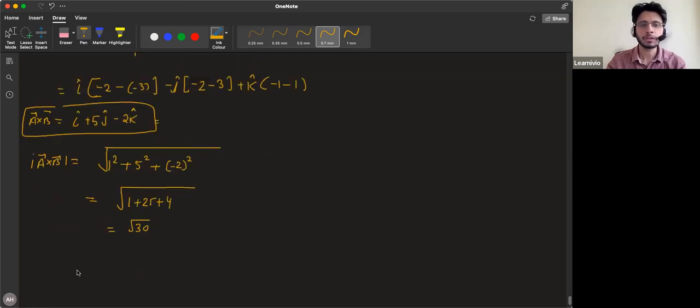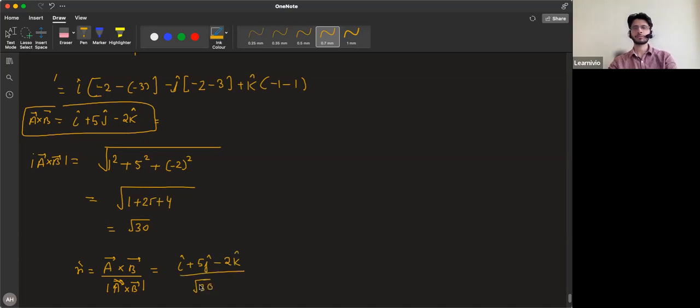So the unit vector, which is perpendicular to both A and B, is A cross B divided by the magnitude of A cross B, that is, A cross B by mod of A cross B. So this is i cap plus 5 j cap minus 2 k cap divided by root over 30.